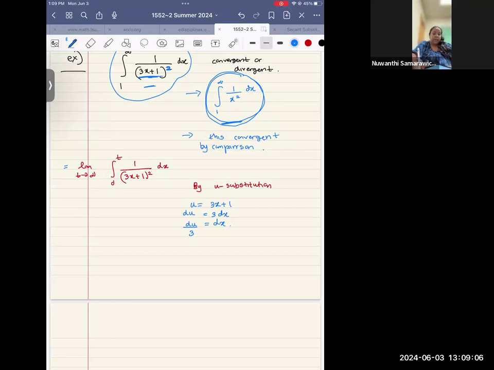Without the lower and upper limits, just find the integration of this one. What do you get?